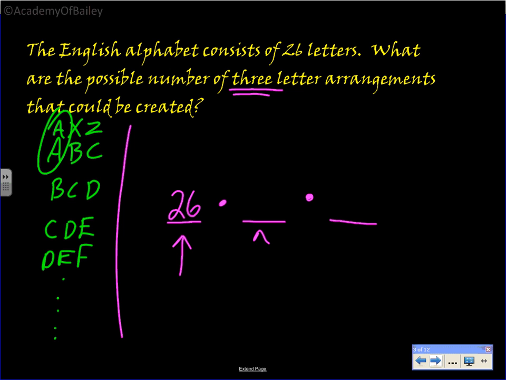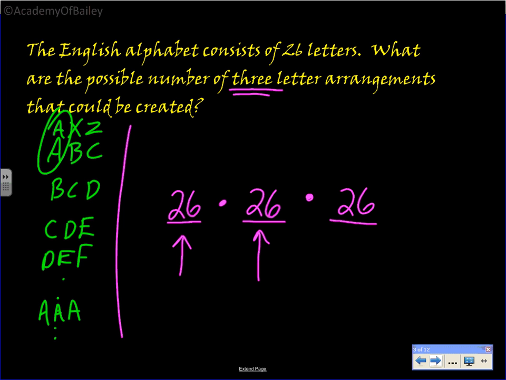Now, for the second, you can still put 26 letters there, because it never said anything that you were not allowed to repeat. So if you're allowed to repeat, then you can have all 26 letters. In that case, we could have A, A, A. That would be one of those 3-letter arrangements. And the third one is also 26.